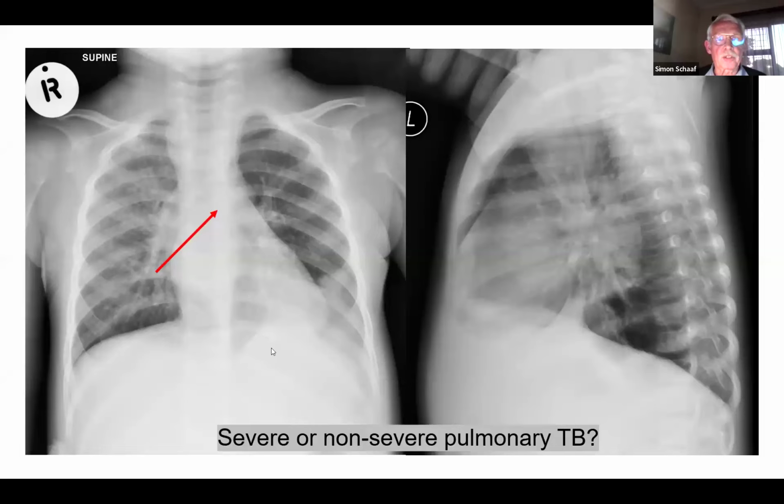And although there's only less than one lobe involved, and there are hilar nodes, also paratracheal nodes on the right, the important decision here is because of the compression of the airways, it makes it complicated disease, and therefore severe tuberculosis, not non-severe tuberculosis.